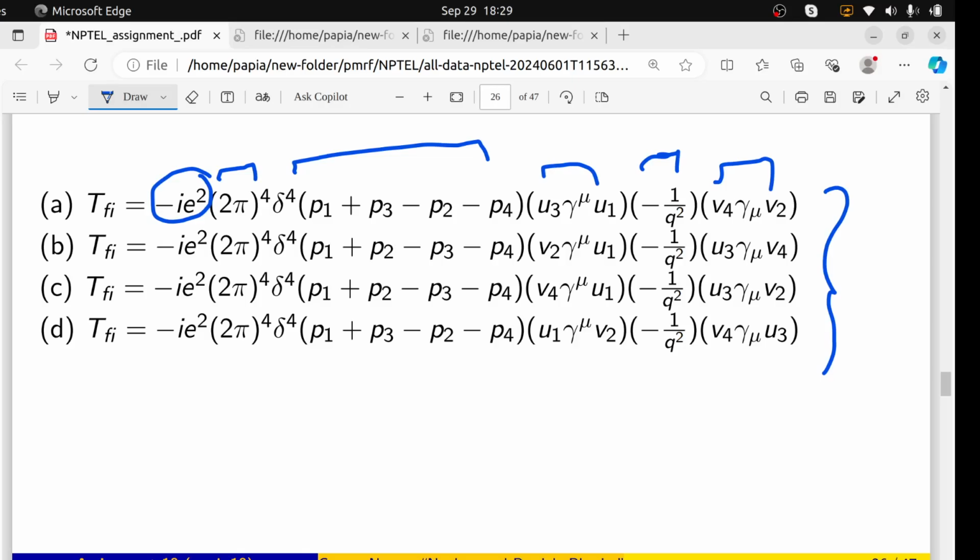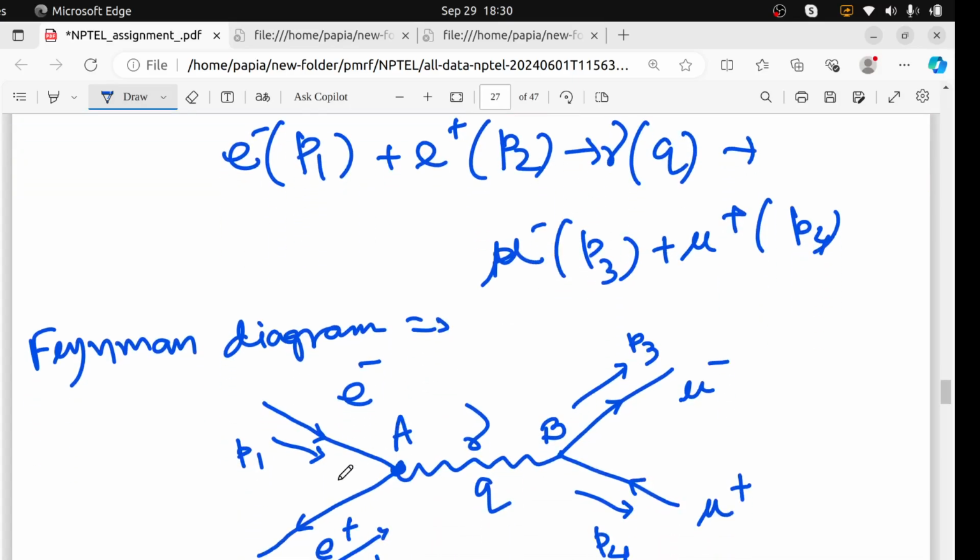Actually, they are not writing the bar sign here, that's why it is coming in the opposite direction. That is also fine, but the main thing is that E1 should be coupled with V2, and U3 should be coupled with V4. From the Feynman diagram, we just see that this is E1, this is V2, this is U3, this is V4.